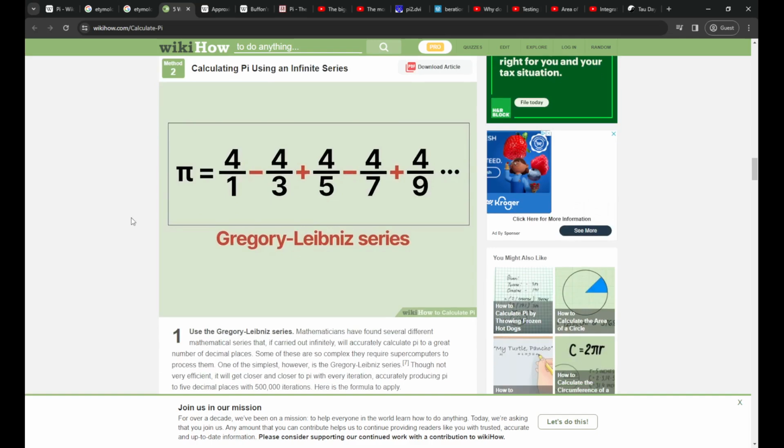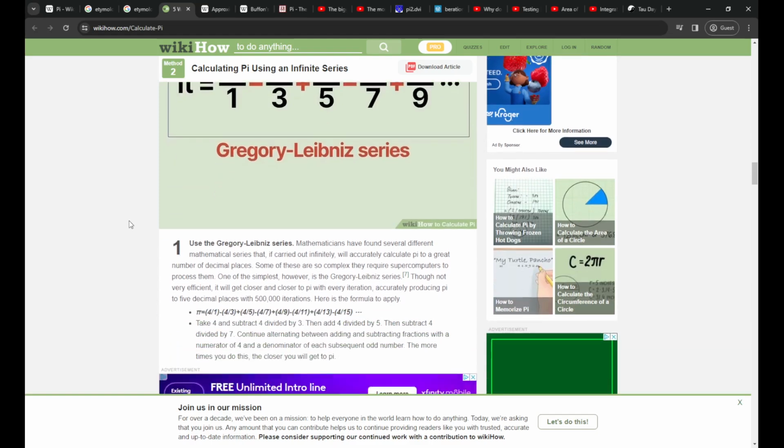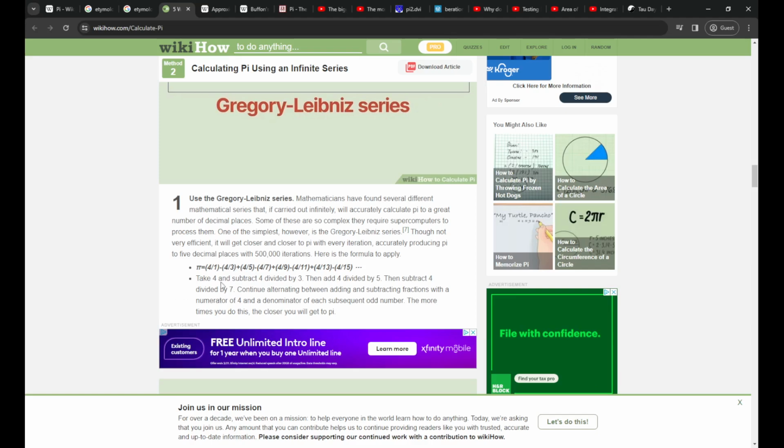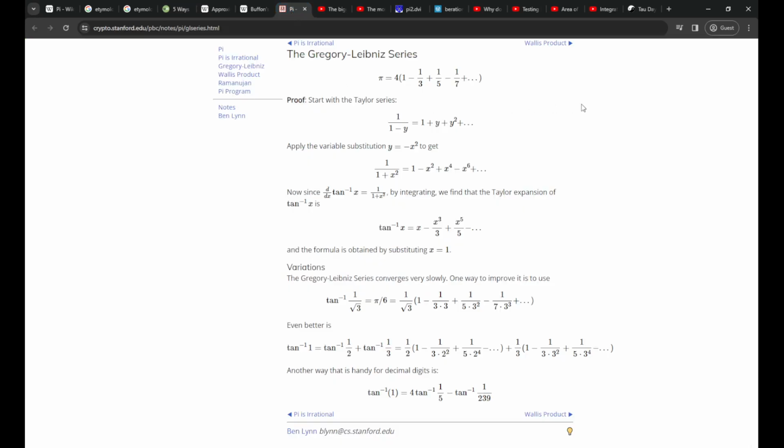This is the Gregory-Leibniz series. This is not the truest formula of it because you can't necessarily see the pattern. I suppose you can, but let me see where it is here. Here we are, the Gregory-Leibniz series. This comes from crypto.stanford.edu, so at Stanford University.